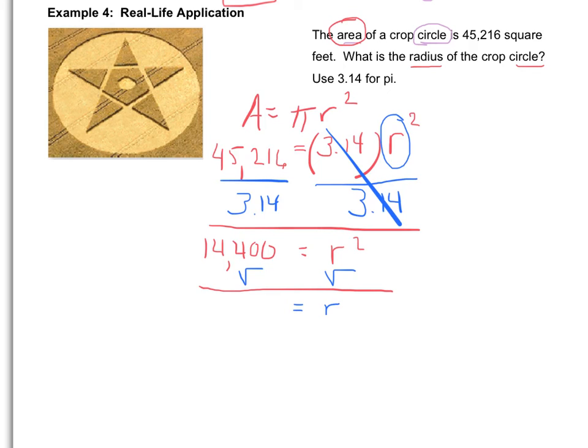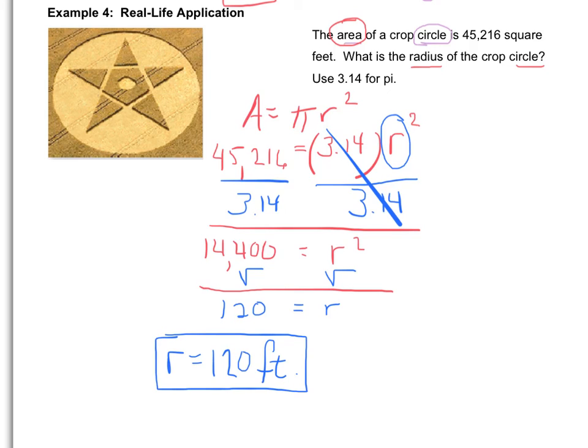When I take the square root of 114,400, I get 120. So the radius is 120, and we're dealing in square feet for the area, so our radius would be in feet.